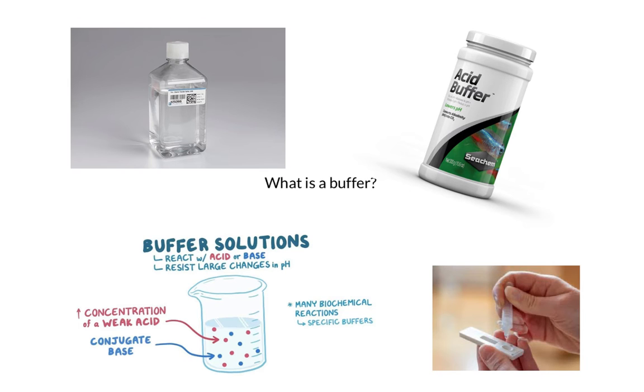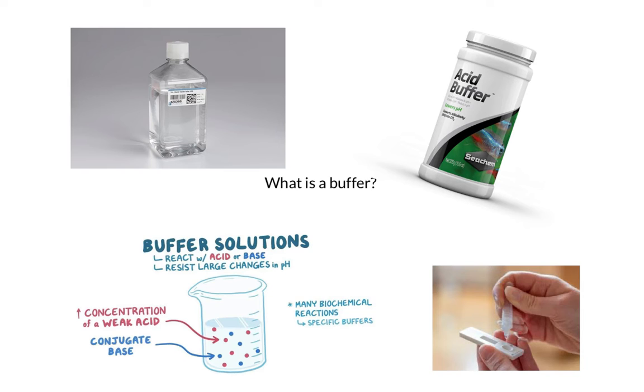Now the next thing we're going to think about is what happens with weak acids. Weak acids can form these really interesting solutions called buffers that are really useful in all sorts of things in everyday life. A buffer is a solution that can resist pH change upon addition of small amounts of acid and alkali.